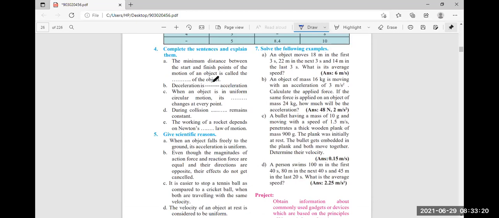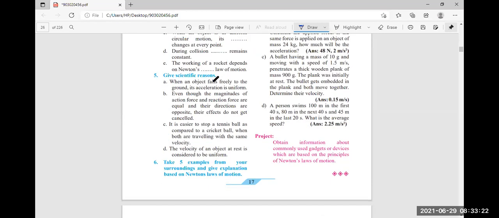Samruddhi, can you tell? Yes, sir. When the rocket is in the air, the gravitational force is opposite to the rocket and the same force is applied on the rocket. Okay, very good. So what's your third law?